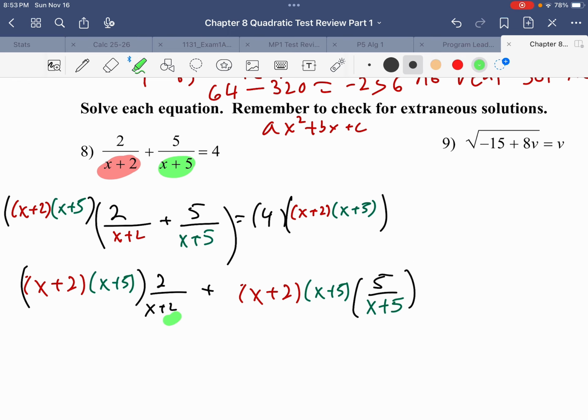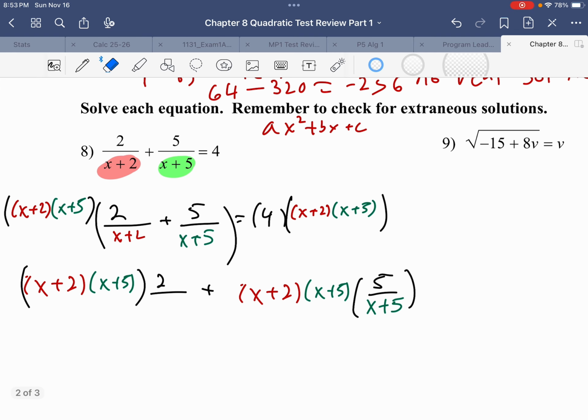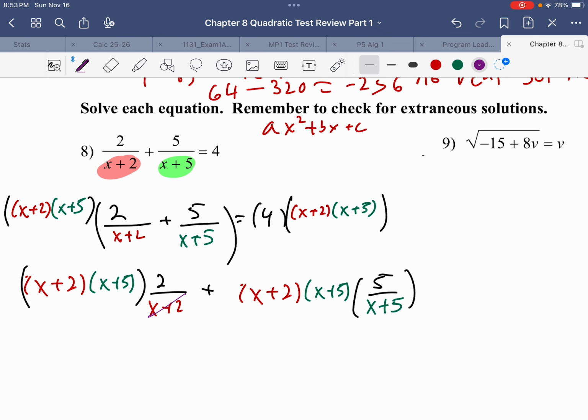And I'm just going to try to color coordinate this part. Let me go back. So I'm multiplying both sides of the equation by x plus 2 times x plus 5. What I'm trying to show here is that in the denominator, if I have the x plus 2 and I'm multiplying by x plus 2, then these are going to cancel. I'm left over with x plus 5 times 2. And then the same thing's happening here. X plus 2 times x plus 5 times 5 over x plus 5. X plus 5 is going to cancel here. And this is still equal to, which I'm going to lasso and then copy.